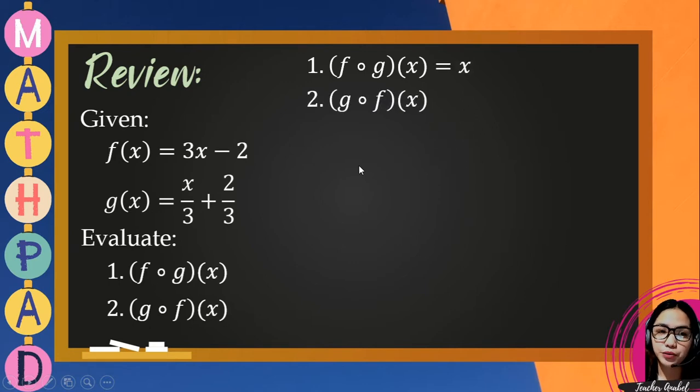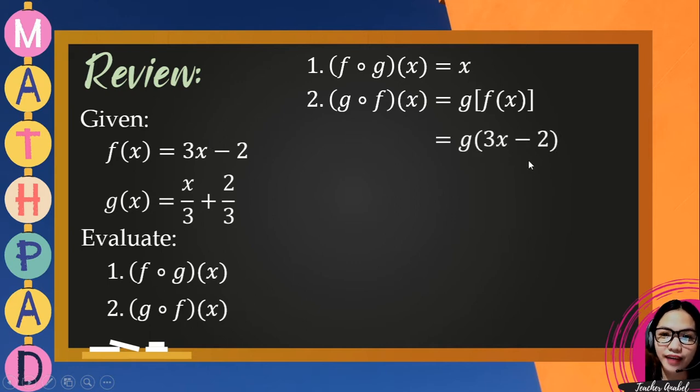Now, let us have number 2. For number 2, we're going to find g of f of x. And f of x is equal to 3x minus 2. And then we plug 3x minus 2 into g of x. So yung ating numerator dito, papalitan natin ng 3x minus 2.